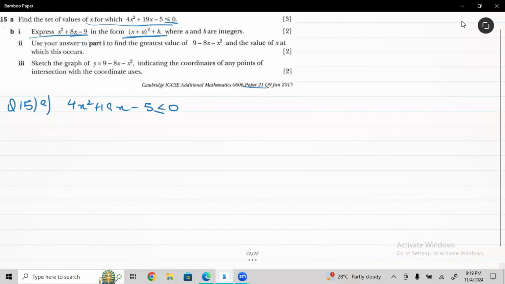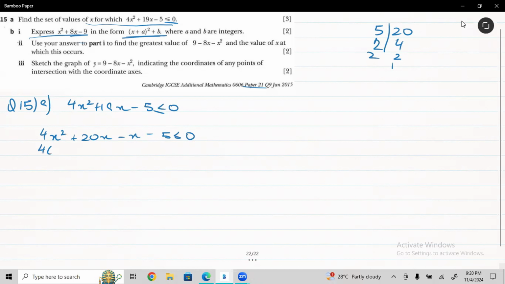It's short, so I'm just going to use the middle term breakdown. 4 times 5 is 20, so 20x and minus x. So 4x squared plus 20x minus x minus 5 is less than or equal to 0.